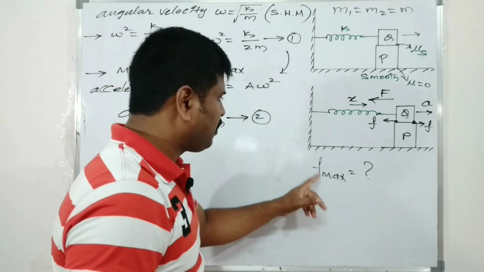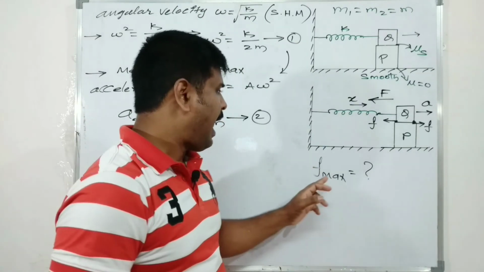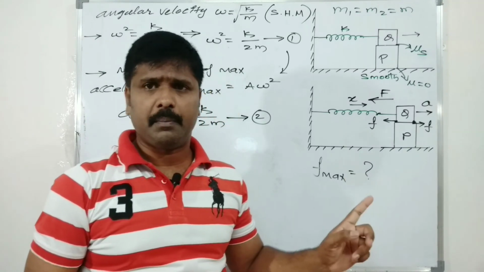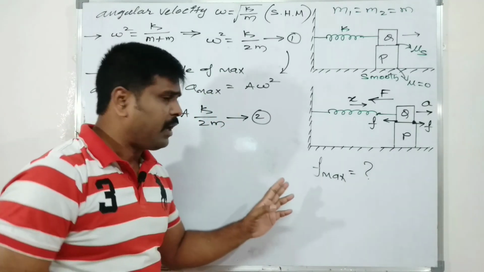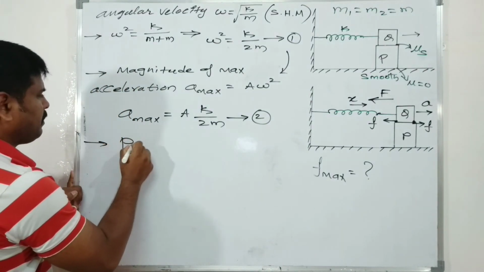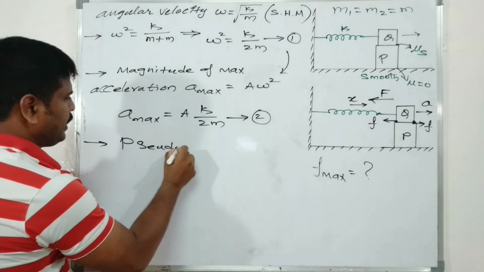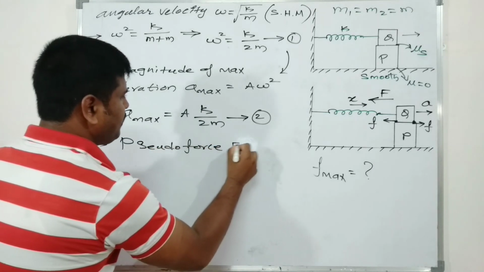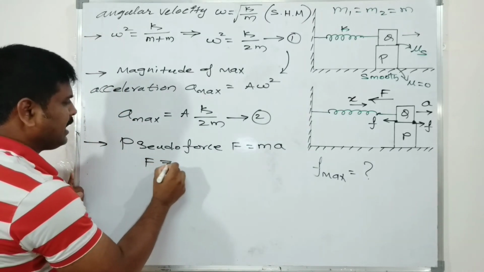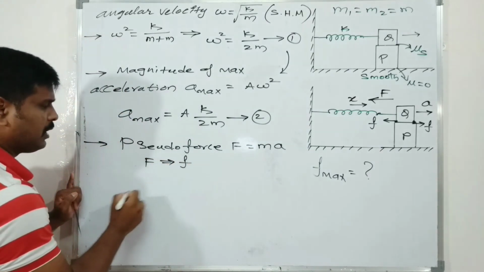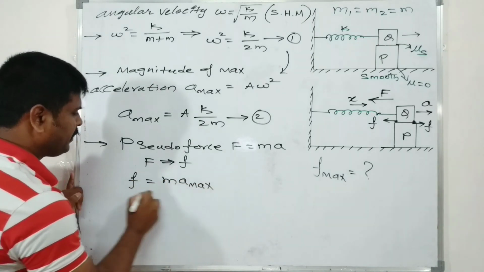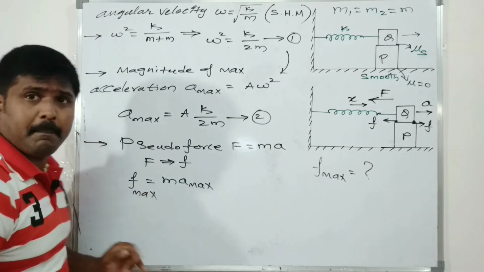What is our question? The maximum frictional force is asked in the question. For that, we have to write initially that there is a pseudo force F equal to ma. This pseudo force is equal to the frictional force, so F is equal to m a maximum, that is, the frictional force is maximum.